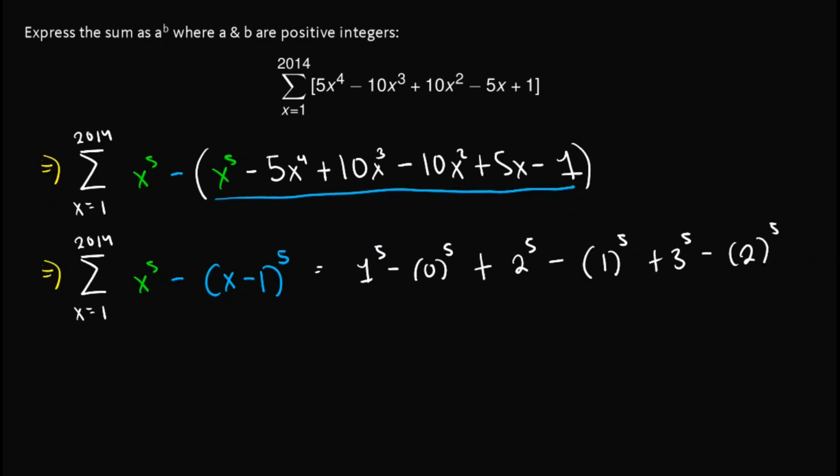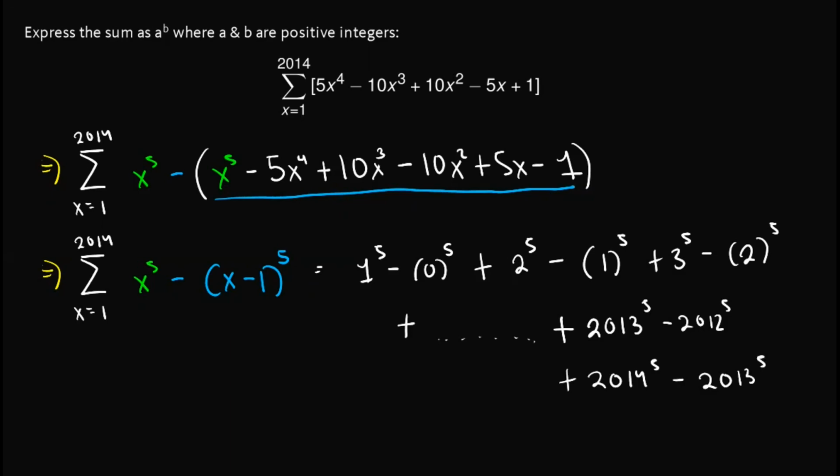And I think you're already noticing a pattern out here, plus until 2013 raised to 5 minus 2012 raised to 5 plus 2014 raised to 5 minus 2013 raised to 5.